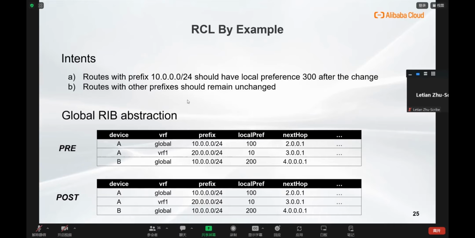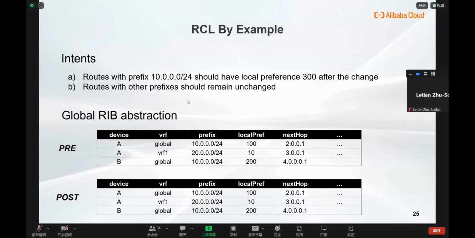But have you done some post-mortem analysis, like is it because RCL is incomplete, or basically impossible to express such intents, or does it just take some tuning, and eventually RCL can still express them, but in a more complex way?